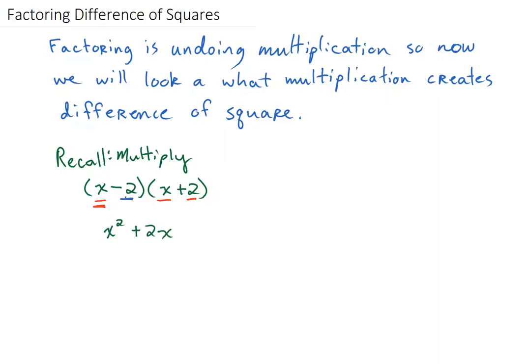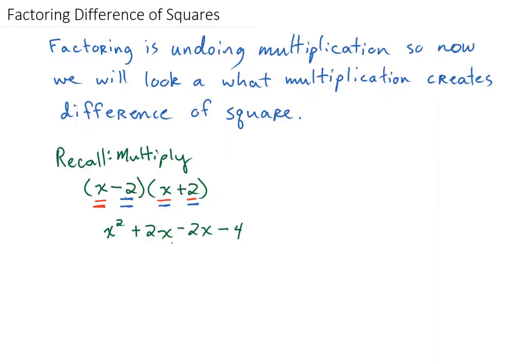Then we'll switch and multiply the negative 2 times the x. That's going to give us a minus 2x. And we'll take that negative 2 times a positive 2, and that's going to give us a minus 4. Hopefully the multiplying of polynomials is getting more comfortable for you as we do more and more of those.